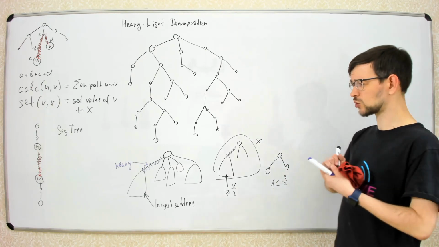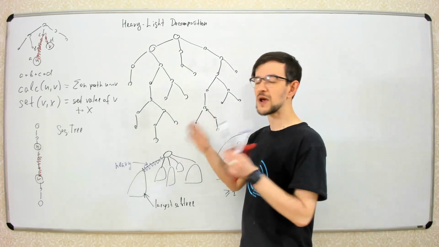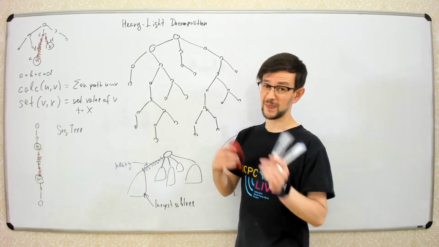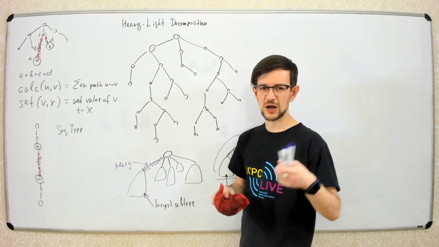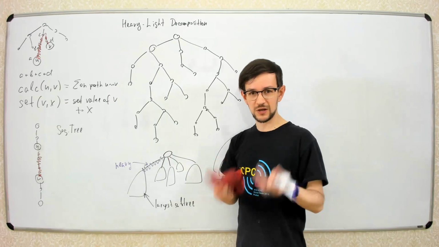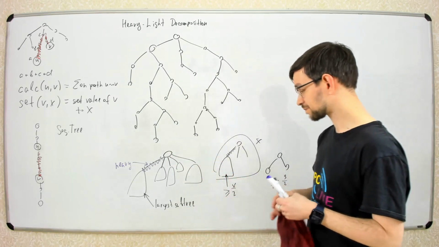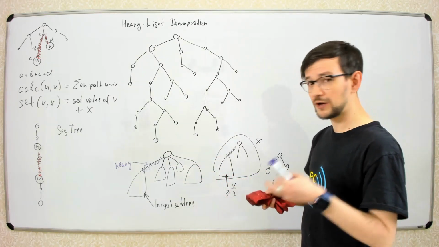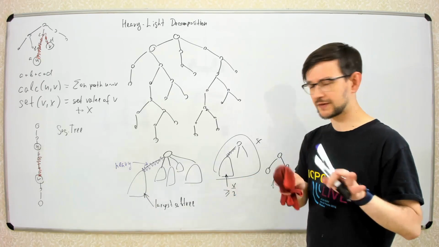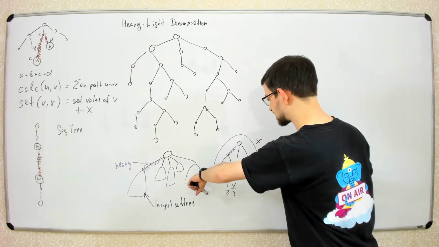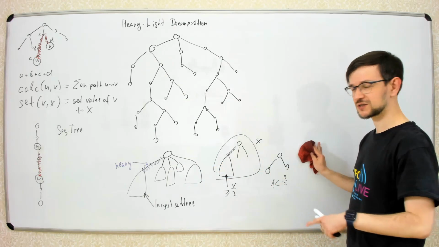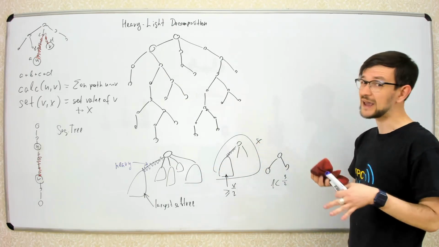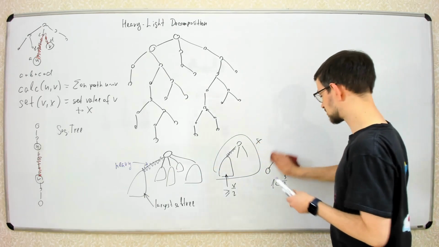And you kind of want to have as many heavy children as possible, because we will calculate heavy edges faster than light edges, something like that. So I will use this definition of heavy edges. This also works, but it's slightly slower. So I won't do this.